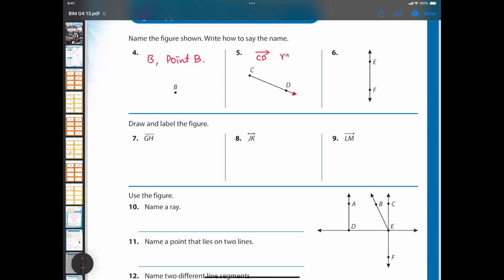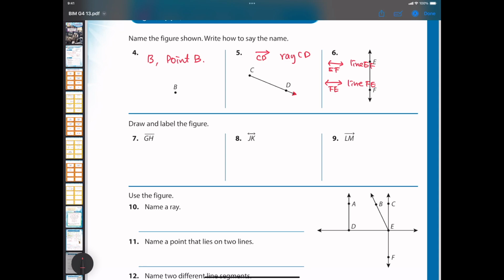And then you can say ray CD. And now here, this is what? Yes, this is a line, okay? Line EF or FE. 2 arrows. And how to say it? Line EF or line FE. Same.